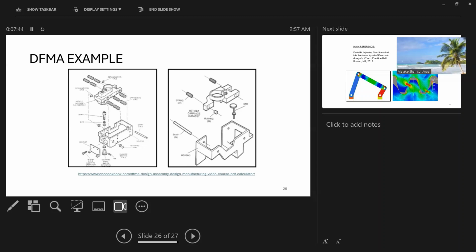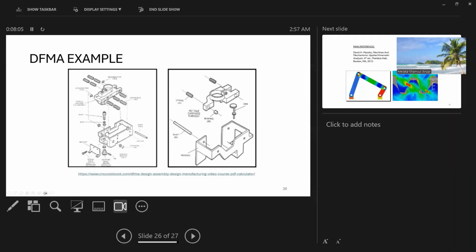In management, you have to evaluate whether the reduction of parts is worth the investment or not.